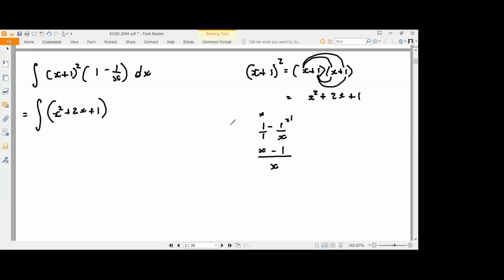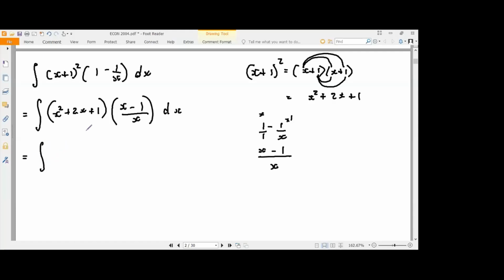So this is x minus 1 over x. I did that because it makes it a much simpler fraction to work with. You didn't have to, but it makes your life easier. So I now have x minus 1 over x dx. Again, you could just expand as you wanted, but I decided to do that.